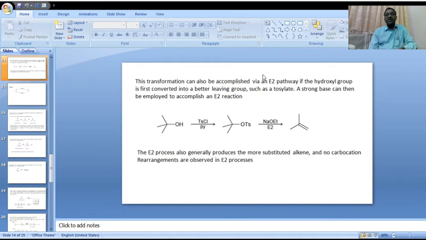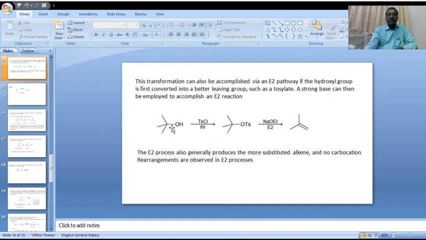A strong base can then be employed to accomplish an E2 reaction. Here please observe. Generally, this type of olefin formation reaction proceeds via E2 mechanism. How is it? Please observe. This is the tertiary alcohol.